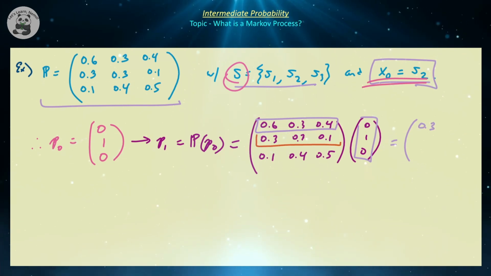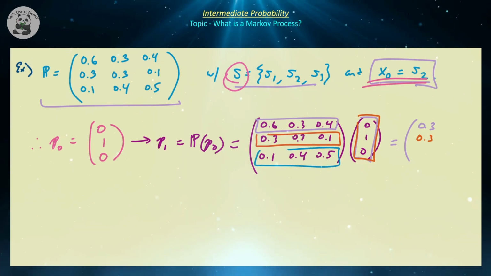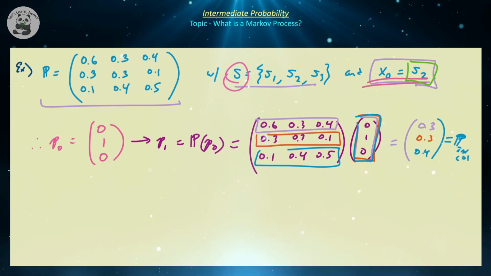Obviously, if I multiply this row vector by that column vector, everything is 0 except for 1 times 0.3. And if I multiply this last row by that column, what am I going to get? Well, 0 times anything is 0, and we're just going to be left with 0.4, which is obviously the second column of P, right? Which we've already deduced before, and that's obviously associated to the fact that we start in S2.